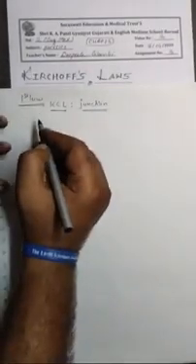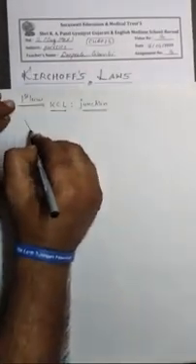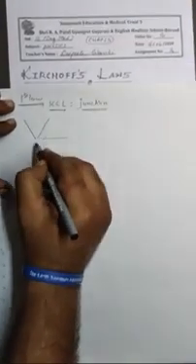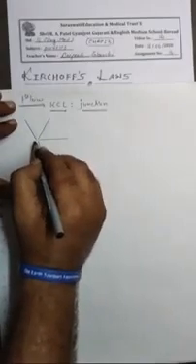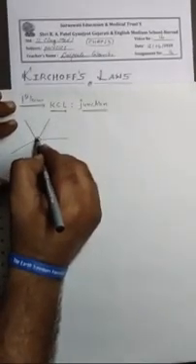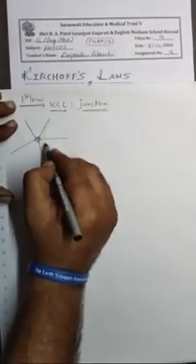Let us consider a small part of a network where 5 wires meet like this. Say wire number 1, 2, 3, 4 and 5. So here at this point all the wires meet.